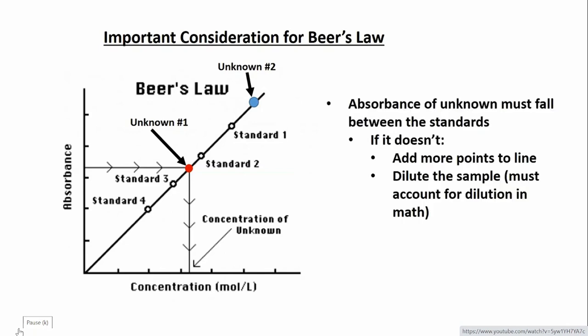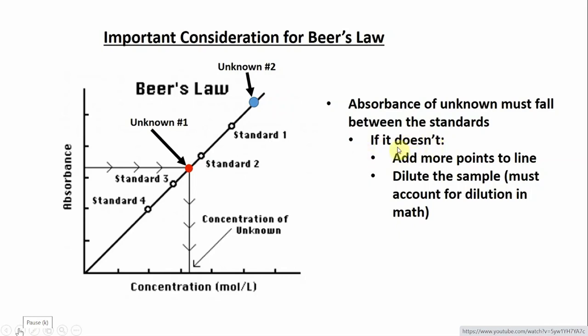The take-home message is, if you're measuring the absorbance of an unknown, it must fall in between the standards. So in this case, where my mouse is indicating between standard 1 and standard 4, that's where all of our unknowns have to fall. If they're outside of that range, we need to do some adjustments.